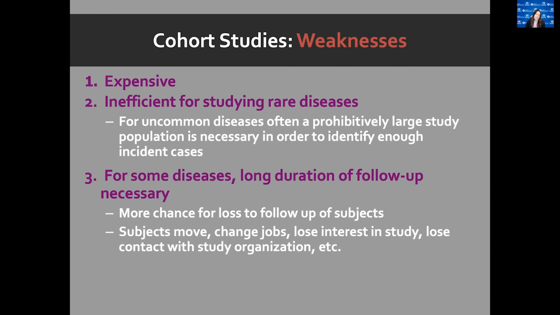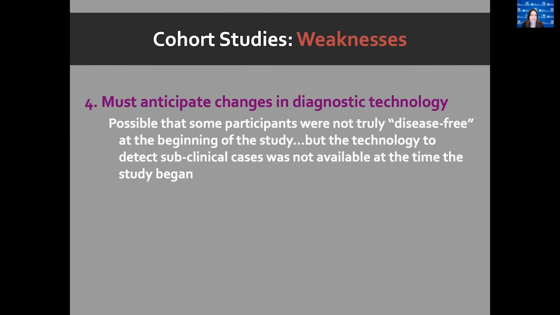In the case where you have a very rare outcome, it's really best to use a case control design, which I'm going to be talking about next. So cohort studies are not great for rare diseases. And for some diseases that have a very long duration of follow-up, cohort studies can become prohibitively expensive. So that's just something to bear in mind.